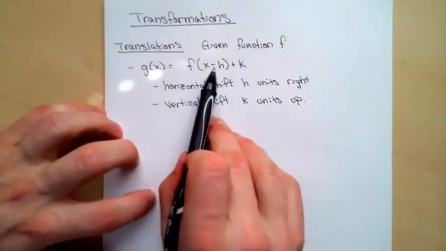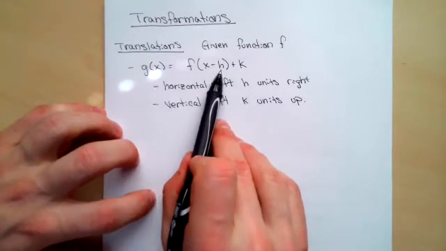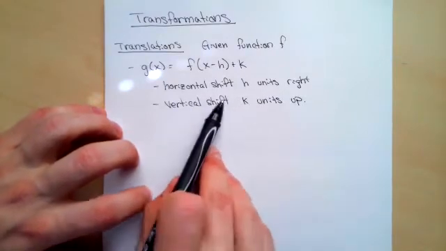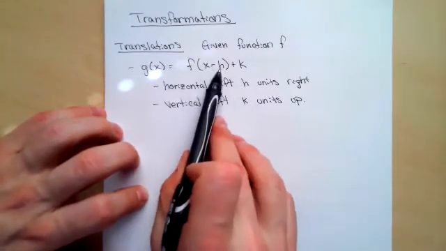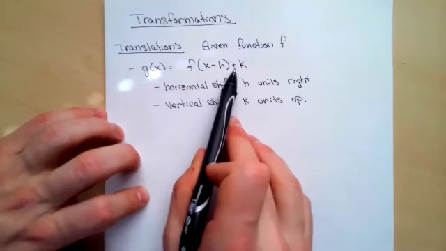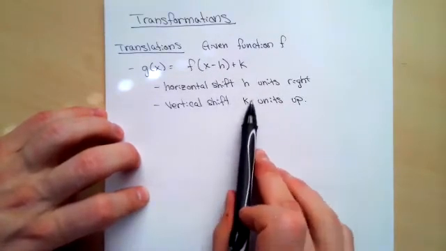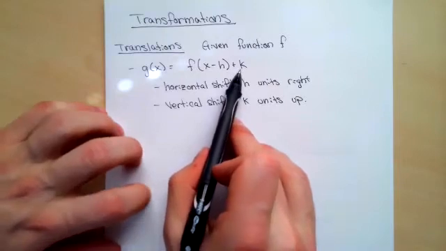Be careful with the signs. Note that for h, if we're going to shift along the positive x-axis, it's a minus. But if we're shifting in the positive y-axis, upward, it's a plus.